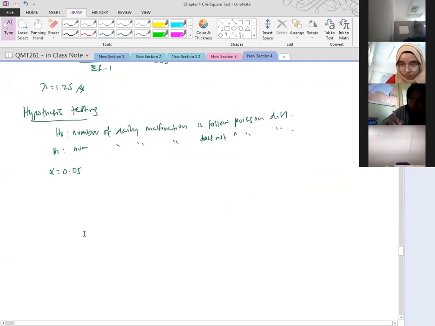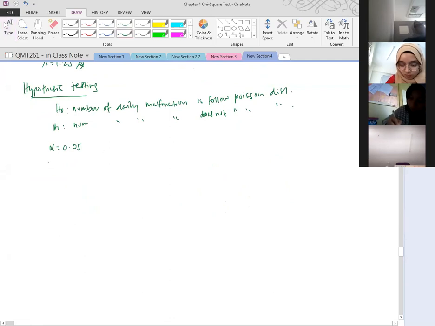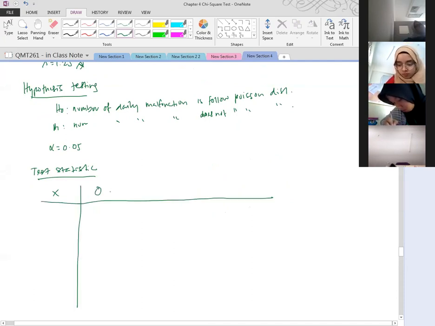The next step is the same step as before. This is the test statistic. So if you want to test for another type of distribution, it's the same process, right? So this is your x, let's say x is the number of malfunctions, and we need to find the observed value, which is your frequency.